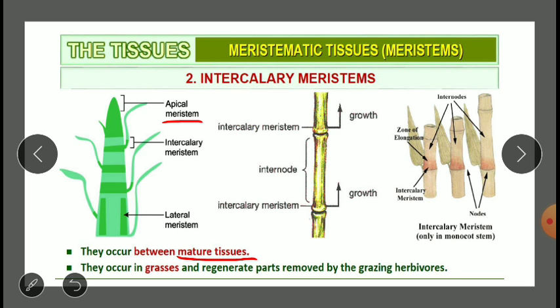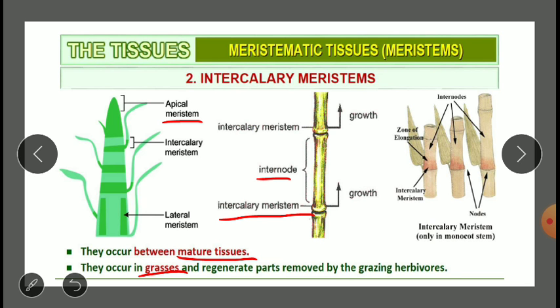So in short, you can say at the internodes. Here we can see this is going to be the intercalary meristem. All these tissues have matured, and here these are going to be found in these mature tissues. Especially, we can see a specific character of the intercalary meristem in the grasses.